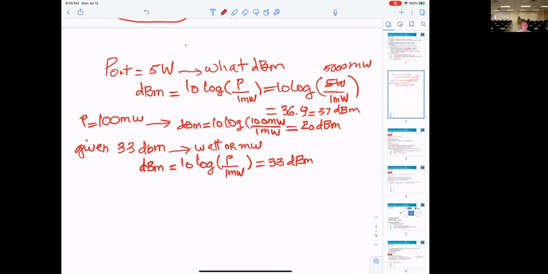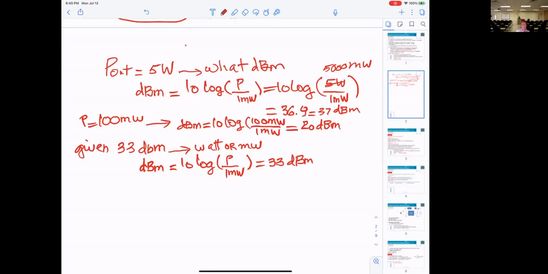They gave the power 33 dBm. That's what you're working in the lab. You're working on the circuitry. You get a dBm. However, when you want to do anything else, you have to come up with a watt or milliwatt or kilowatt.